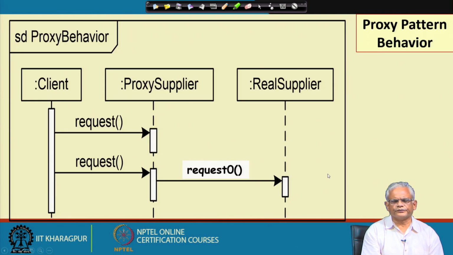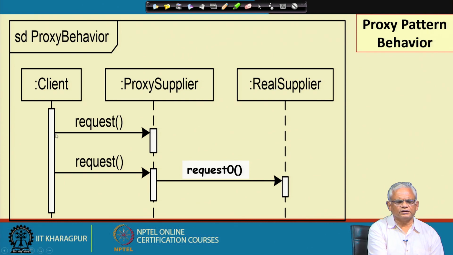If we look at the proxy behavior in the form of a sequence diagram, the three classes that are involved are the client, the proxy and the real server.